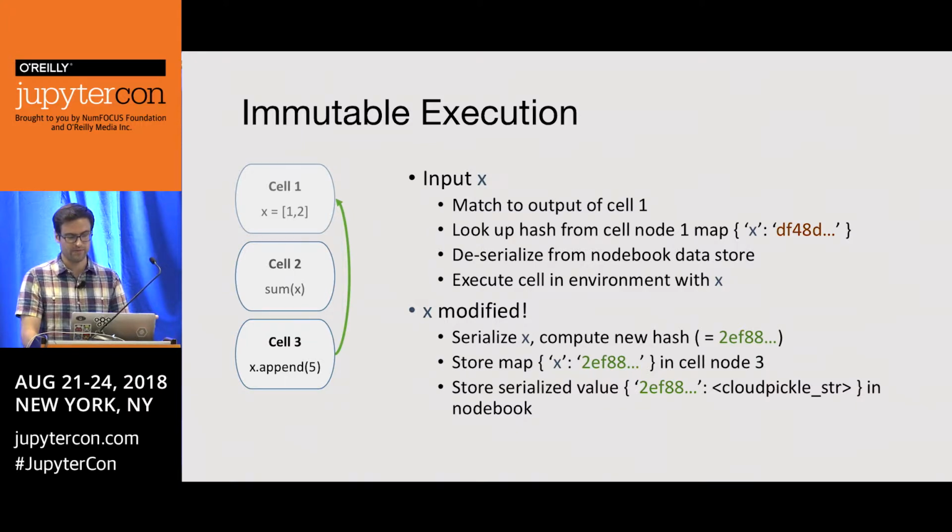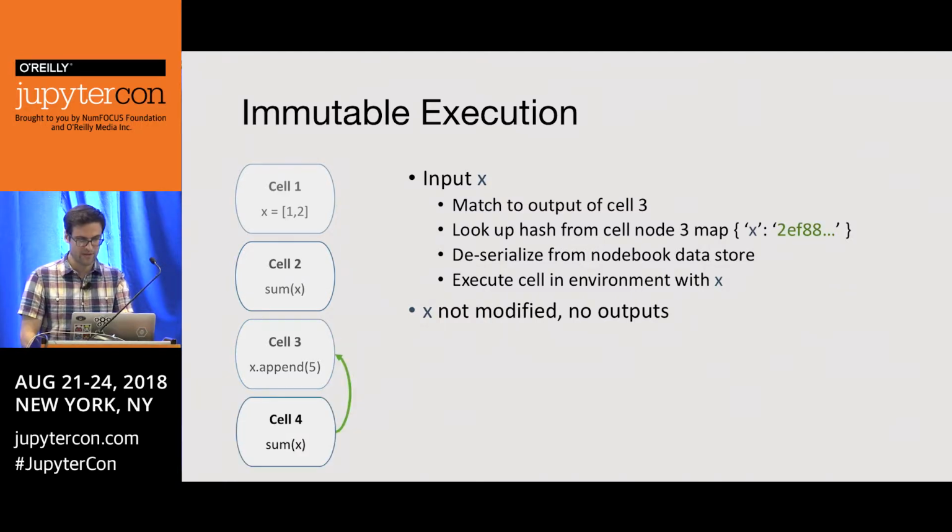That triggers x to be stored as an output for cell 3 in the cell node 3 map, mapping that to the hash of the new value. That will be stored in the notebook data store as well. A side note here: I also keep track of the number of references to all of these objects so that I can clean them up as needed, in a standard reference-tracking garbage collection way.